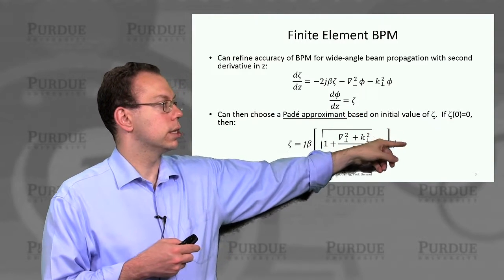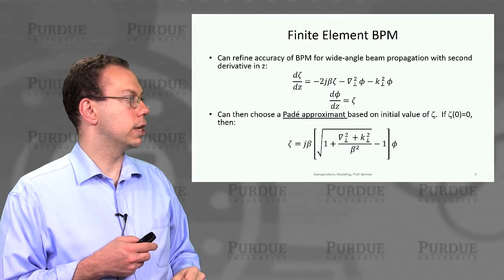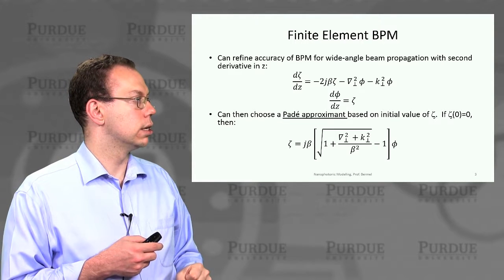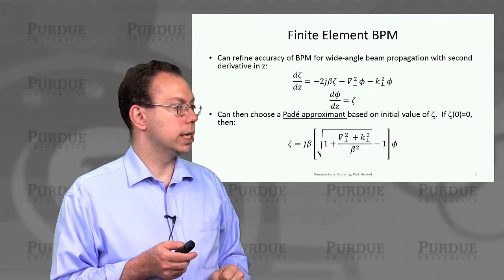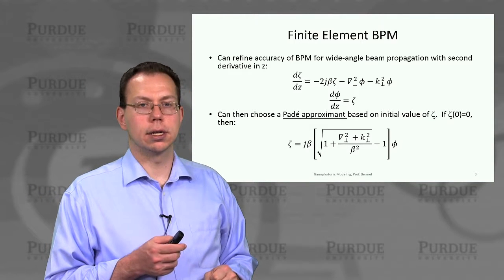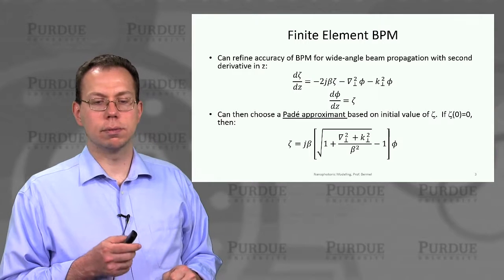If we choose that the initial second derivative of the envelope function would be a fixed value, then presumably zeta of 0 would be 0.